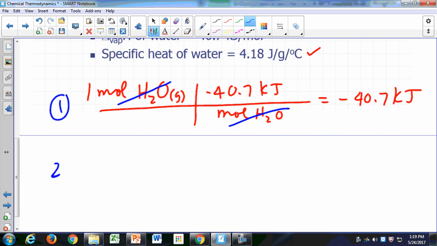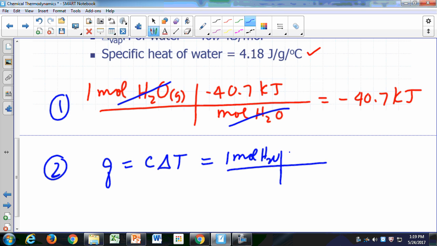Well, let's see. For step 2, Q is equal to C delta T. Heat capacity of water is the mass of water, which is 1 mole, so you change that to grams. 1 mole of water is 18.02 grams. So this is the mass of the water.